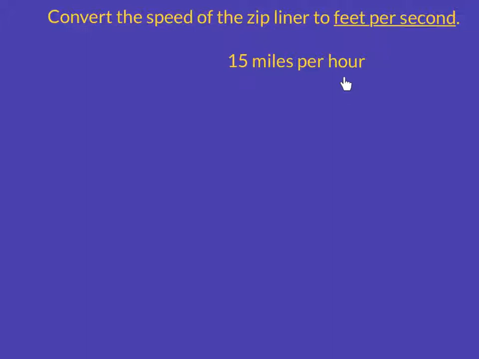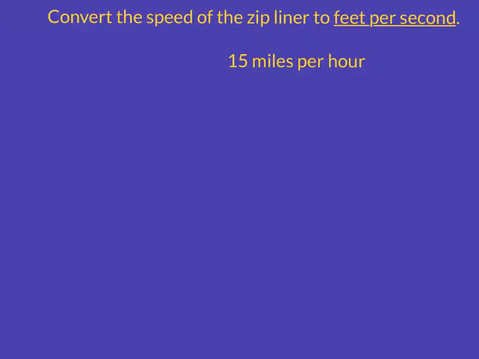So you'll notice that we have to change miles to feet, but we also have to change hours to seconds. And that's where example number 3 is different than the first 2 examples where we were only changing one conversion, from miles to feet or vice versa. So this one we're going to be doing 2: miles to feet and hours to seconds. We're doing the same method. We're just going to have to do it more than once.